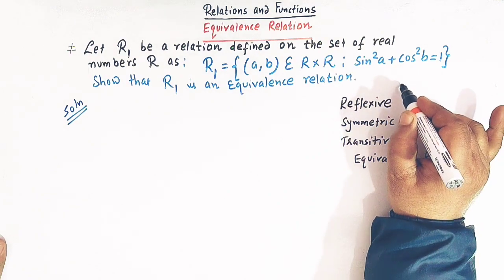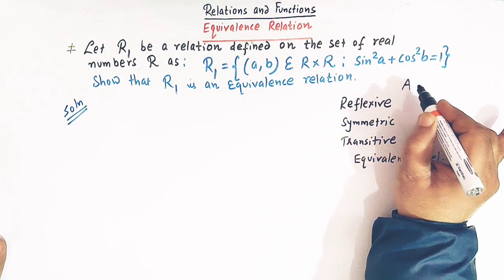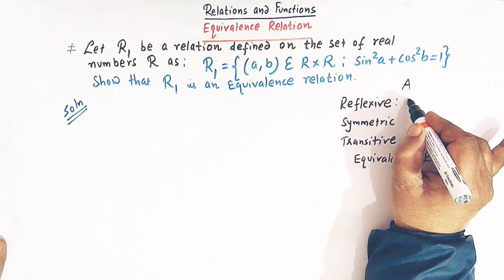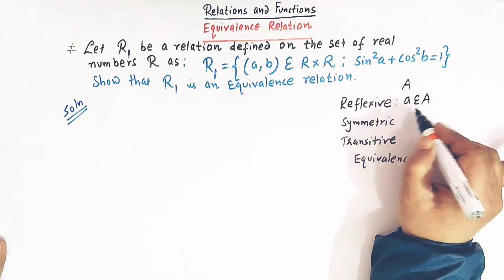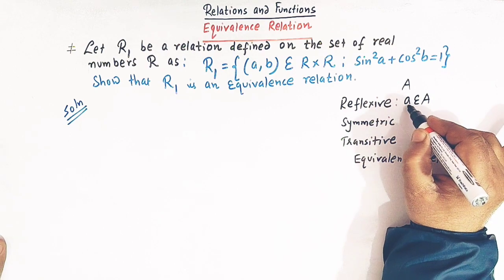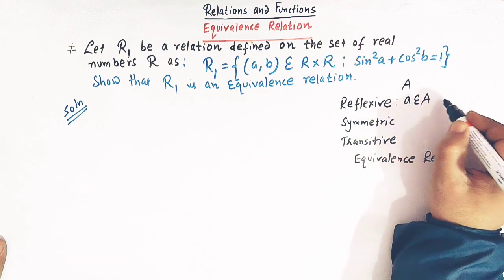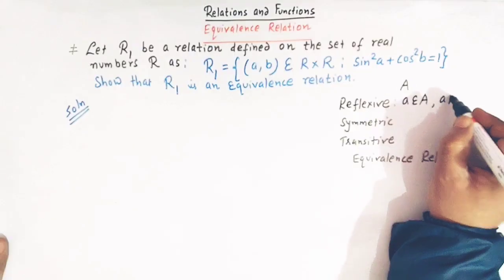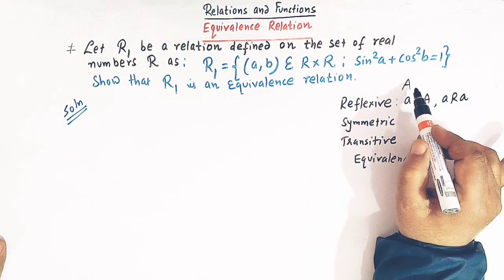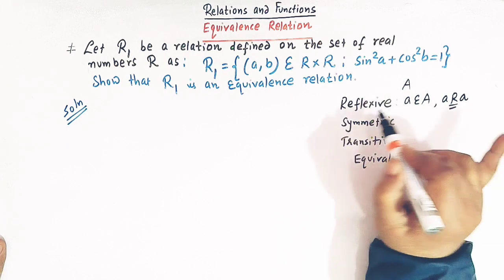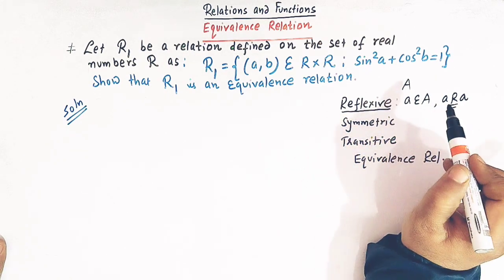Suppose we are given a set A, right? And if an element a belongs to the set A, and if each element of this set A is related to itself, right? If we have a related to a, then the relation R is said to be reflexive, right?